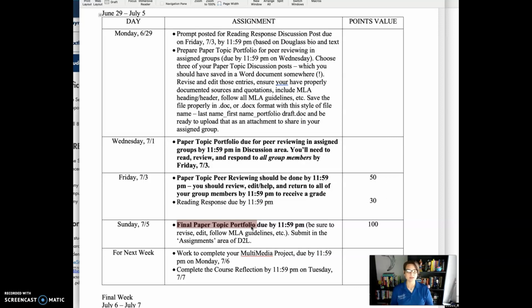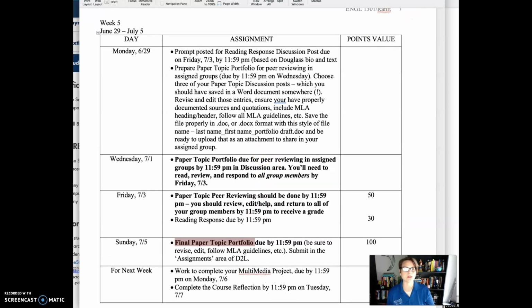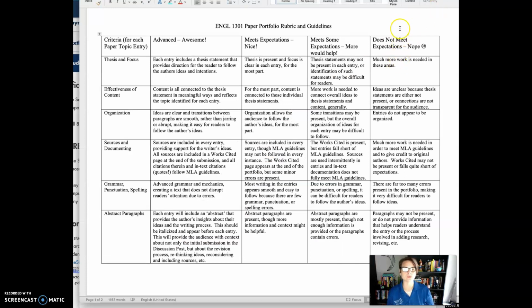Okay, so you have time between Friday and Sunday to offer your final revisions, your final updates, your final additions, and then submit that work to the assignments area of D2L. And for that week, in that weekly video, there will be more information surely, but I just want you to keep the time frame in mind, so that then we're going to go over the actual rubric and guidelines. So keep these things in mind.